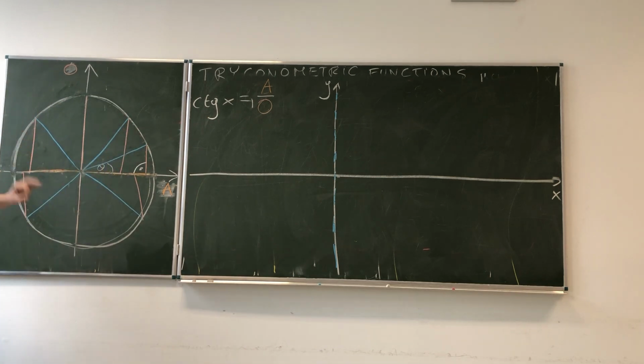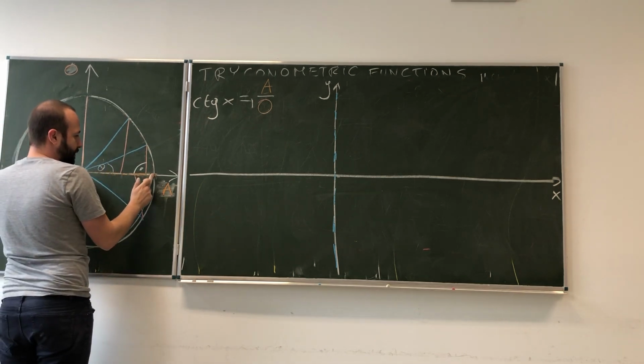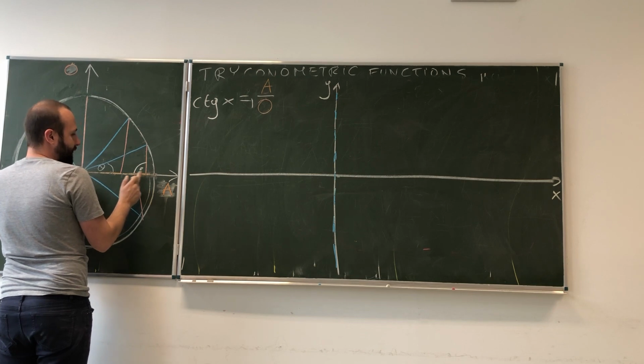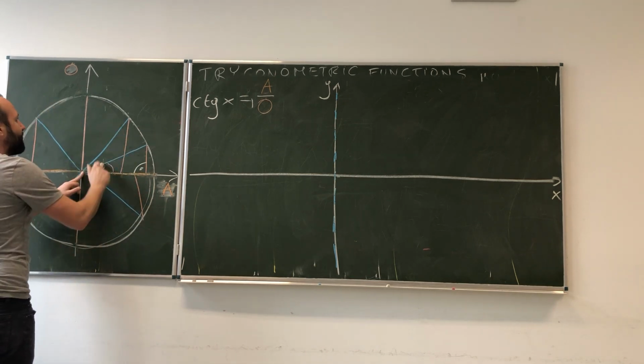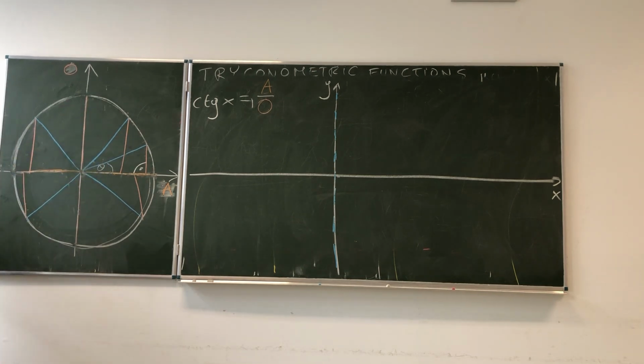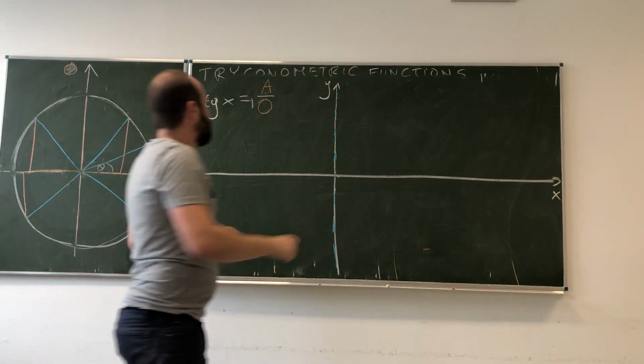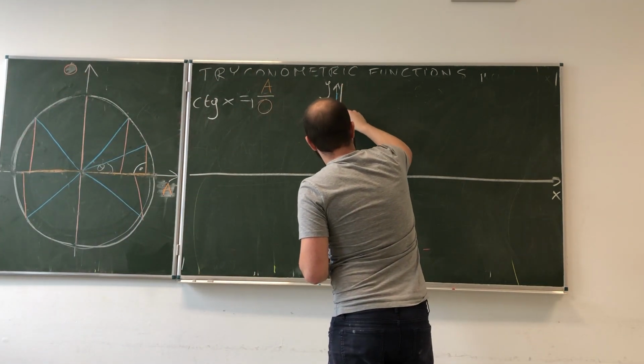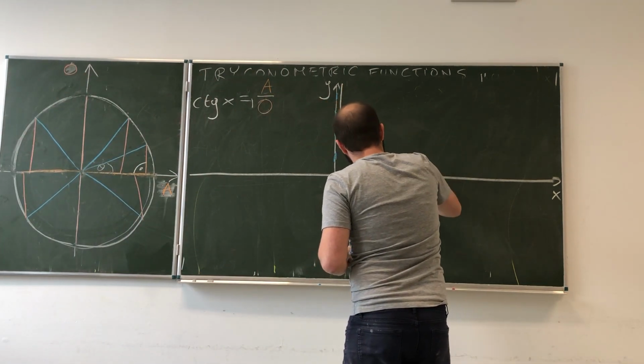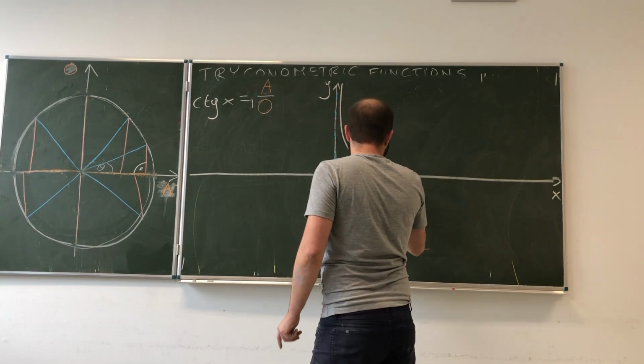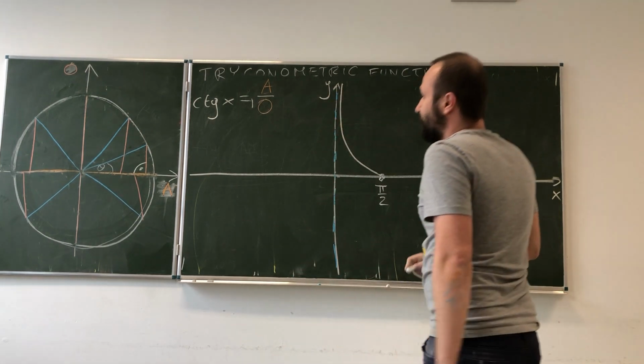So remember, we are getting one number which we decrease, and we are dividing by a bigger and bigger number. So this function should be falling, and it does so right until pi over 2.